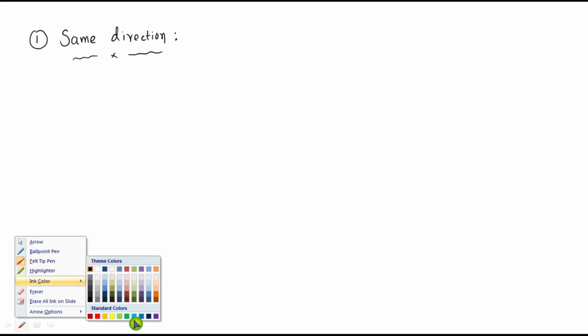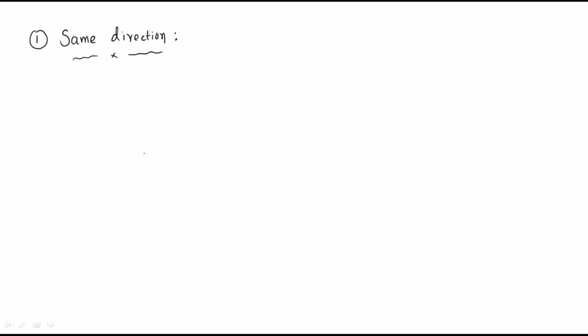So first, current carrying in the same direction. Let us have two conductors which are carrying the current in the same direction.